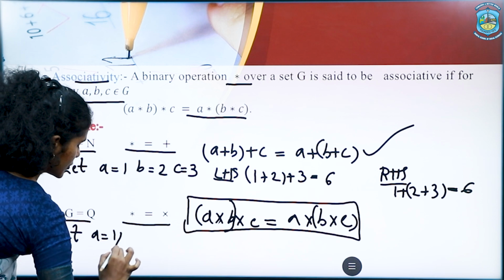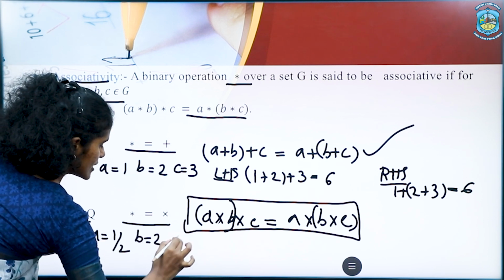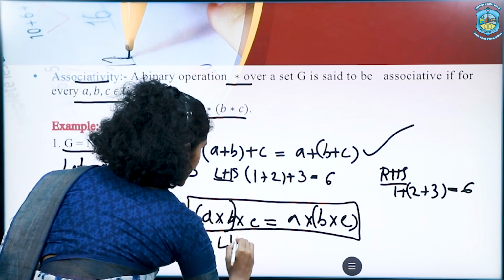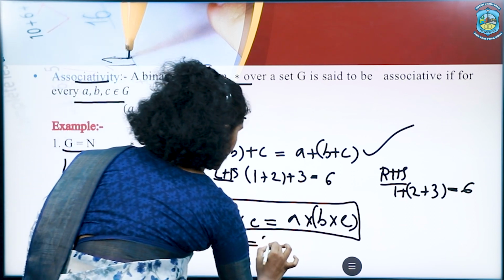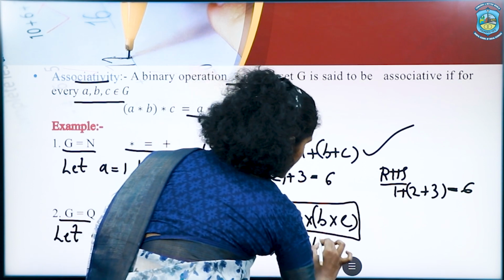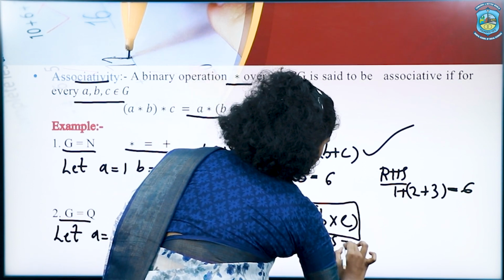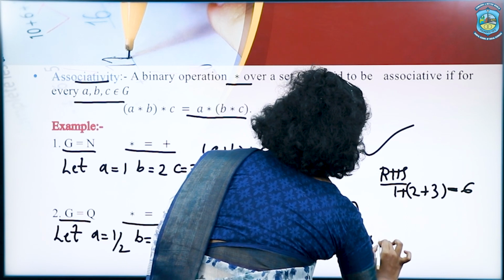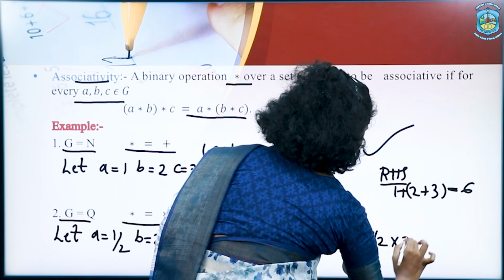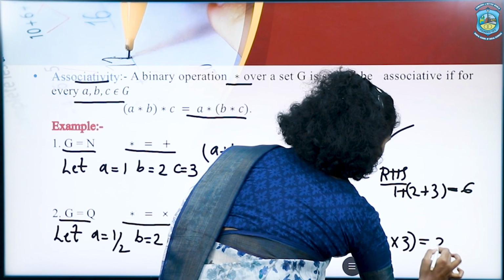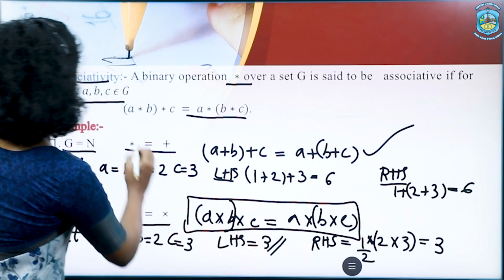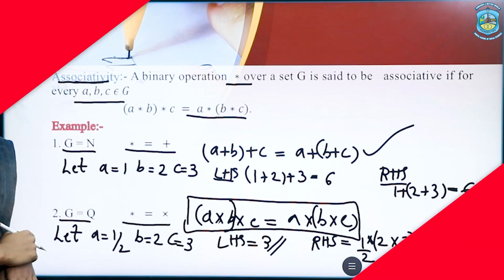A equal to 1 by 2, B equal to 2, C equal to 3. So LHS will be equal to 3. RHS, that is 1 by 2 into (2 into 3), is also equal to 3. Implies this condition holds. We can say that associativity property is satisfied here.